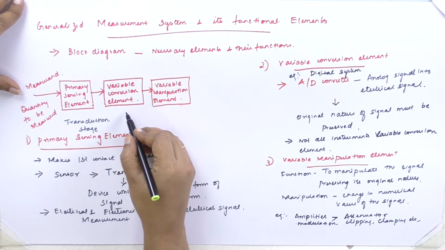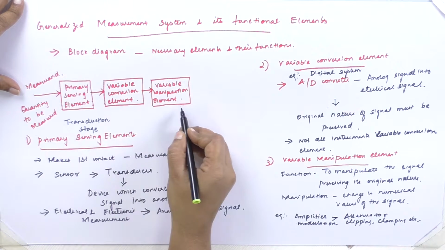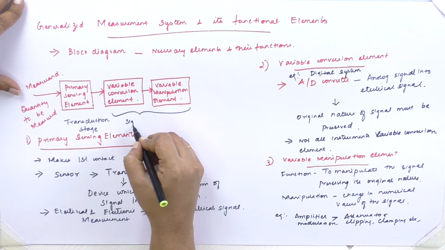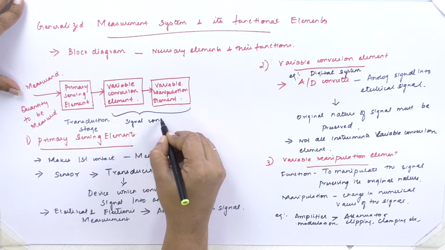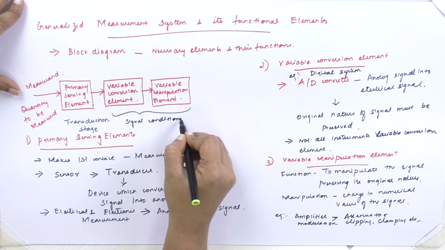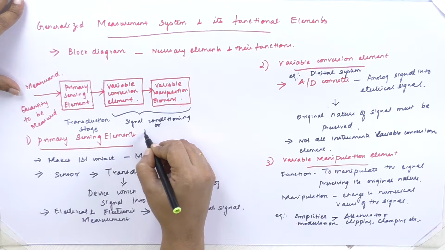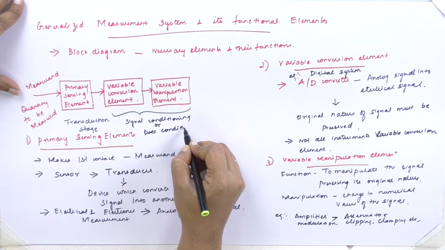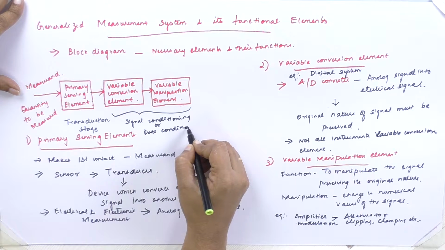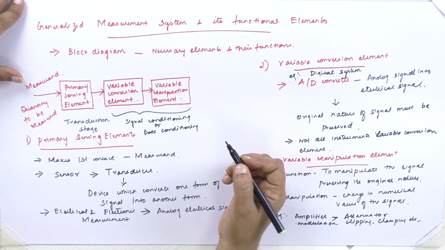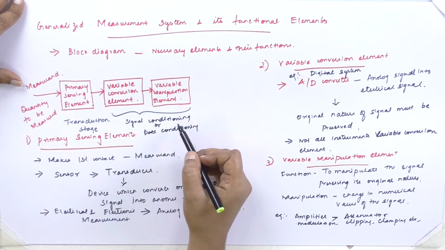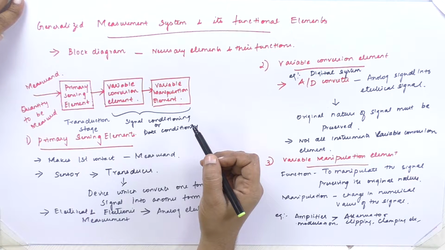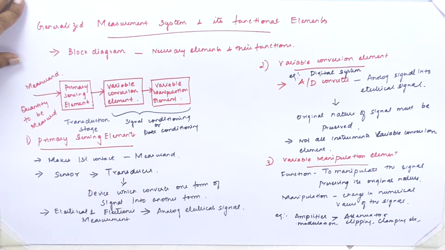So, this variable conversion element along with this variable manipulation element together is called the signal conditioning or data conditioning element.